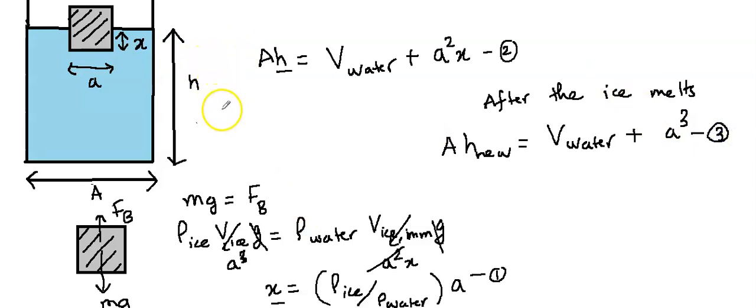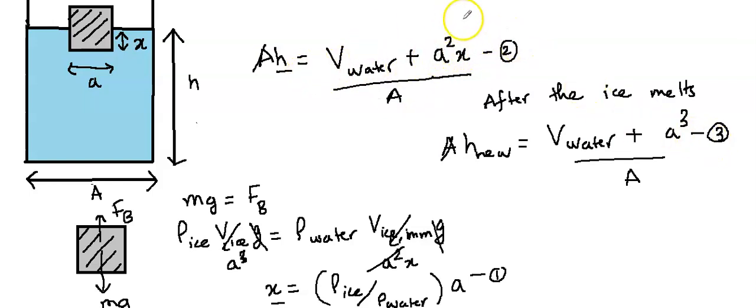So from equation 2, let's just divide both sides by A, and from equation 3 again dividing both sides by A, we see that there's only a difference in the numerator. So in equation 2 we have a squared x, and in equation 3 we have a cube.